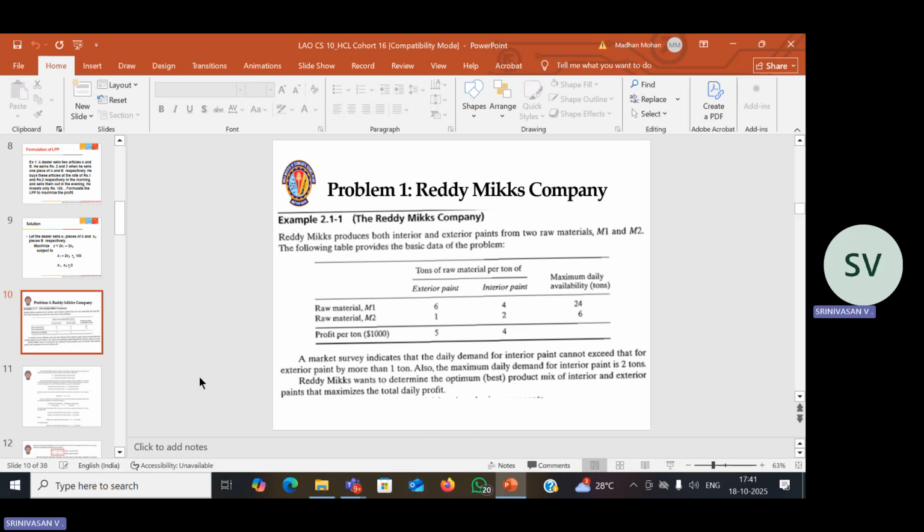So daily demand for interior paint minus that of exterior paint is less than or equal to 1. Also, the maximum daily demand for interior paint is 2 tons. Ready Mix wants to determine the optimum, that is the best product mix of interior and exterior paints that maximizes the total daily profit. So this is to be formulated as an LPP.